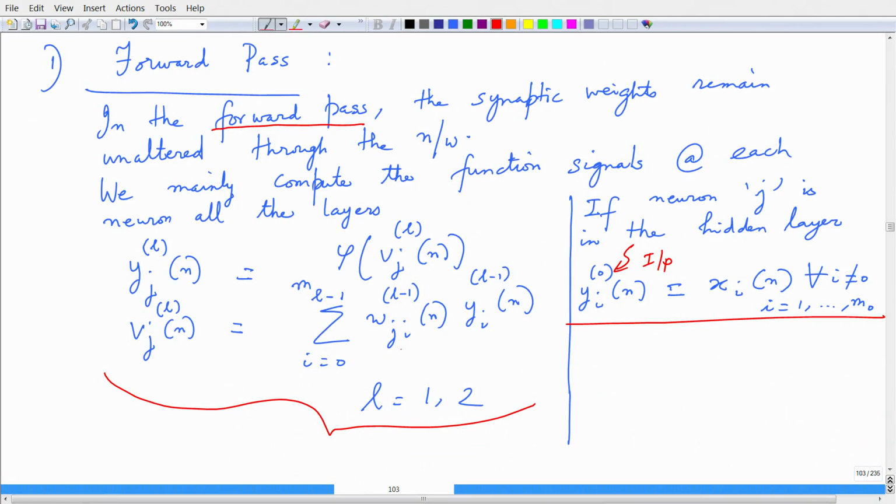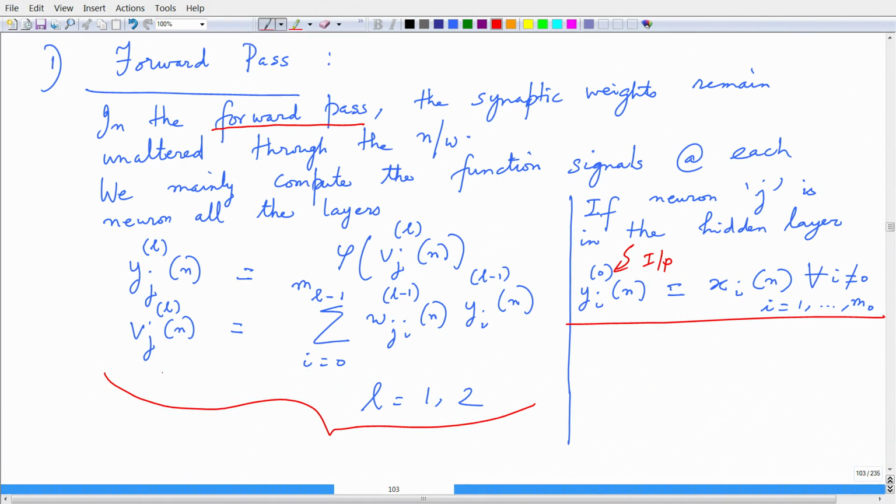Suppose you have layer L, then the function signal y suffix j at layer L at time step n is computed as the nonlinear activation function of the local reception field that this node j sees, and the local reception field at neuron j, time instant n in this layer L is given by this quantity, which is basically the summation from i equals 0 to L minus 1, w_ji at L minus 1 times y_i at L minus 1.